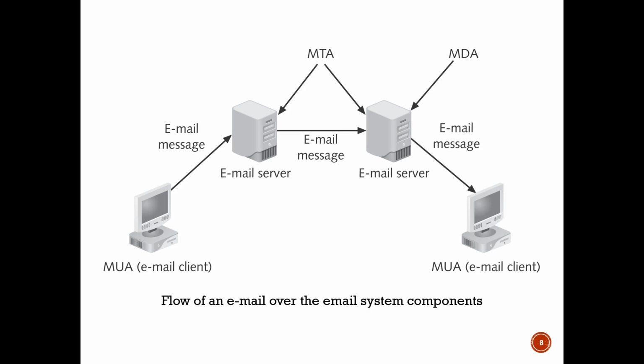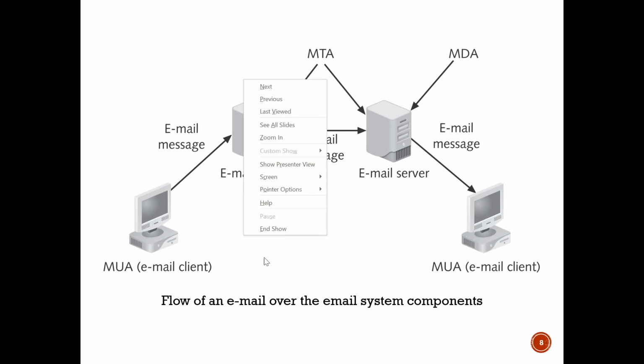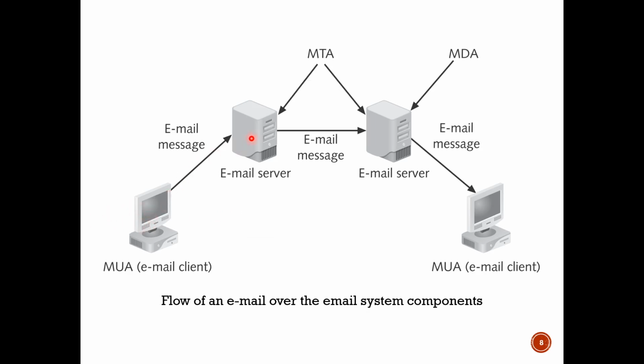As you're expecting, the process starts from the sender, and this is the receiver. The sender forms an email message having its IP address, its email ID, the receiver ID, and the contents of the email with the title.